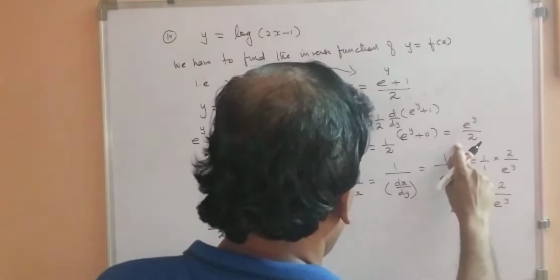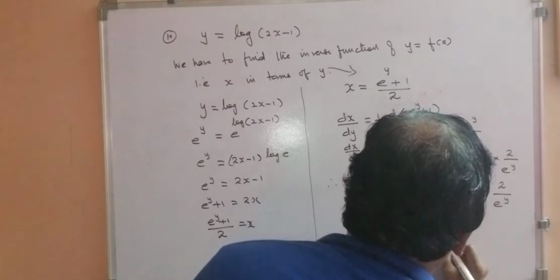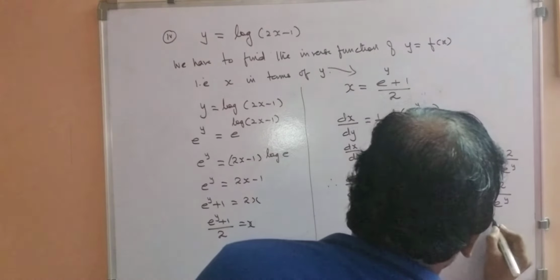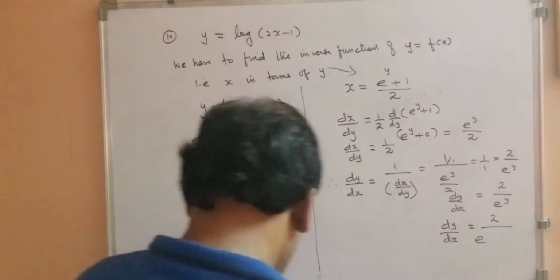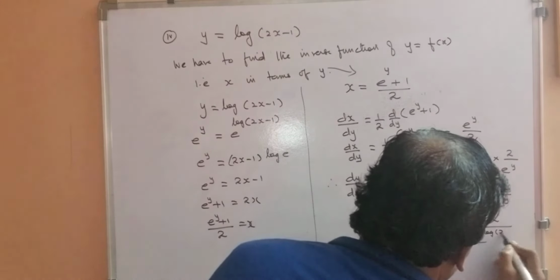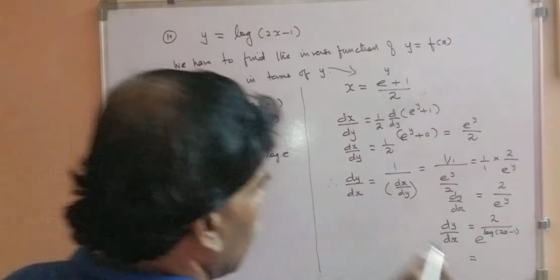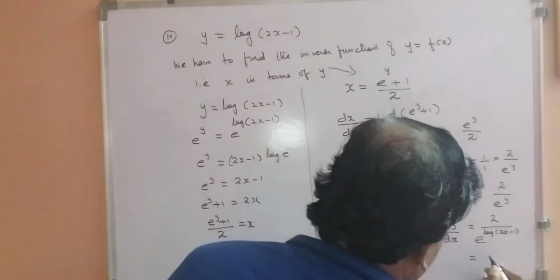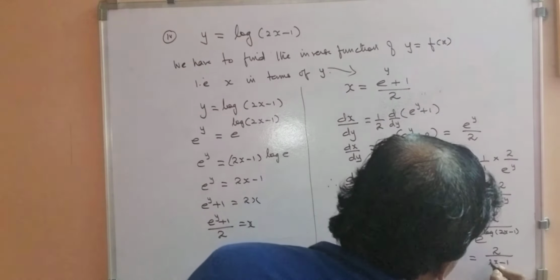But now what is e to the power y we have to write. dy by dx equal to 2 upon e to the power y, what is y? Log 2x minus 1. Again, this formula I told you, what is e raised to log x? x. So 2 upon 2x minus 1.